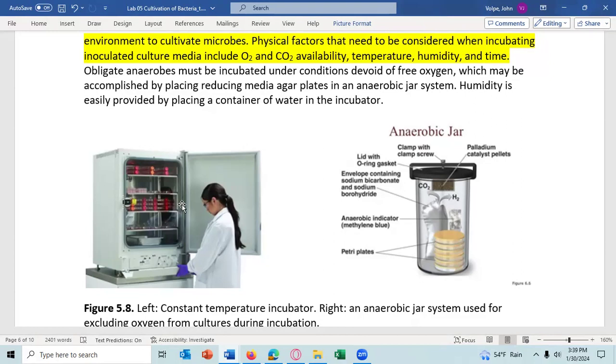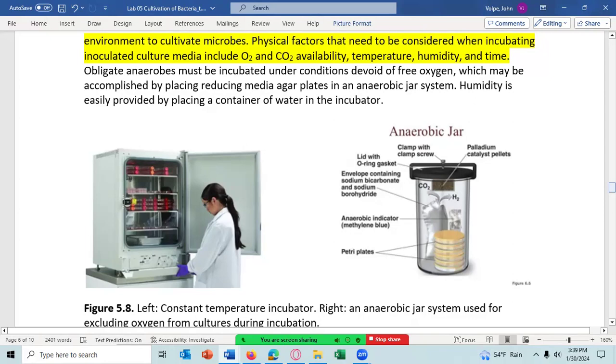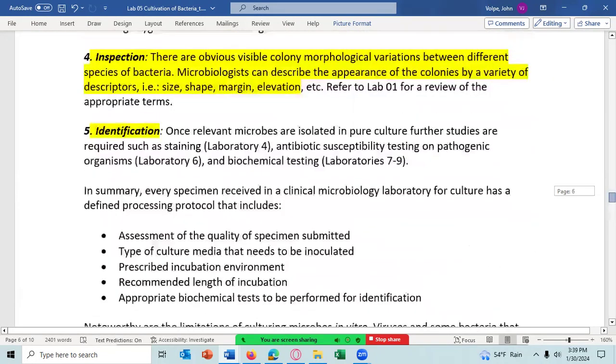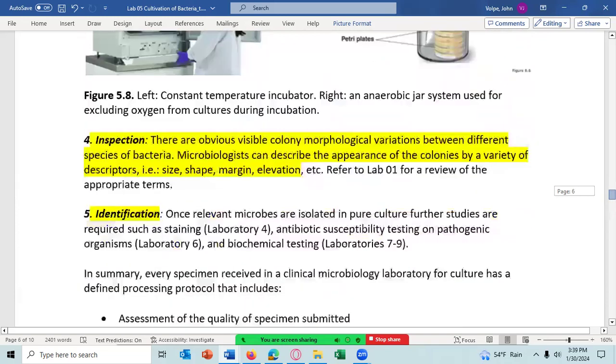All right, any questions about incubation? If not, let's move on to inspection. Once the plate or the tube has grown, let's say overnight or after 24 hours, you pull it out and then you look to see if there's growth in the media.